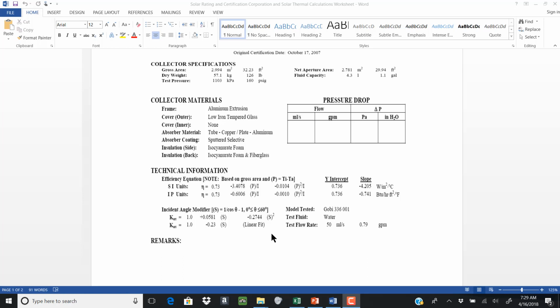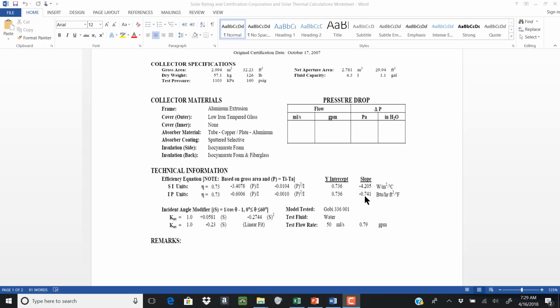If we want to calculate what the efficiency is at the flow rate of the test, then the straight line equation is, and remember, y is equal to mx plus b, so that here is the y-intercept, 0.736.